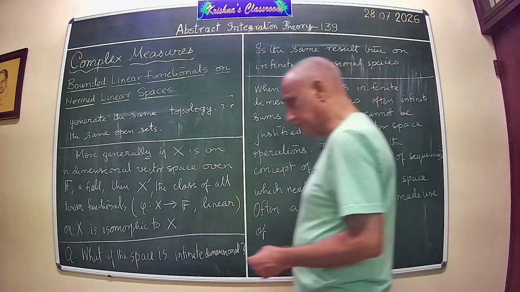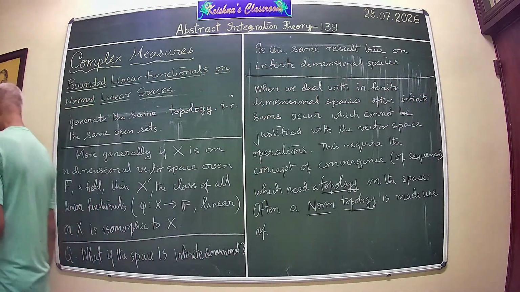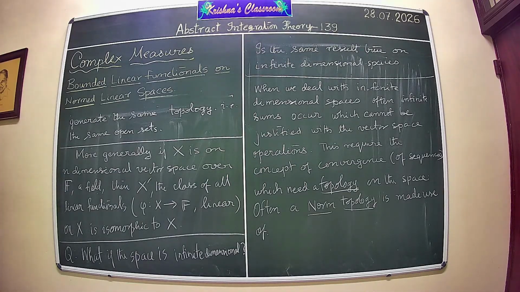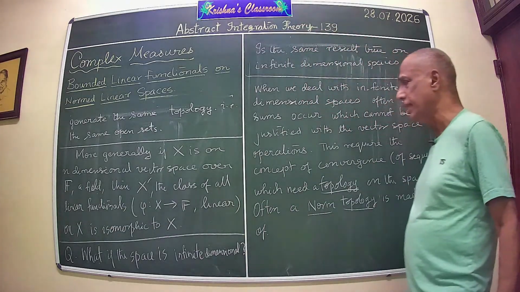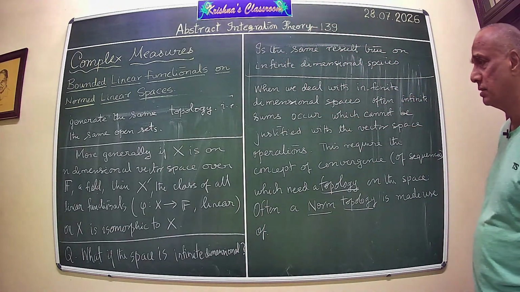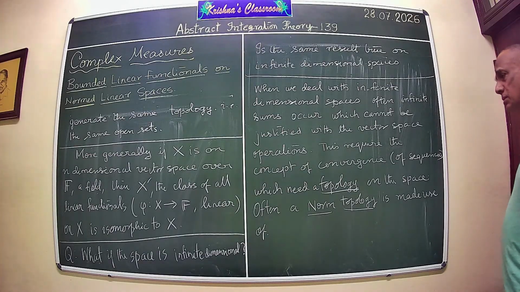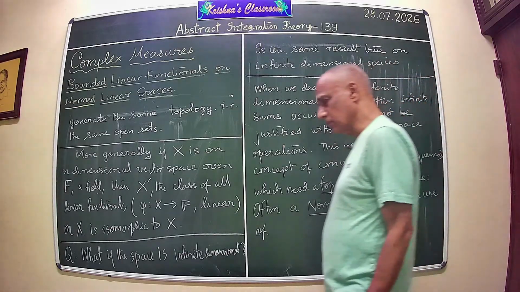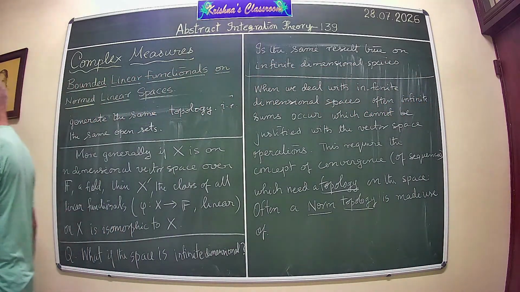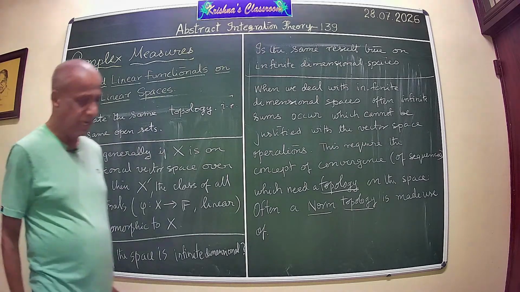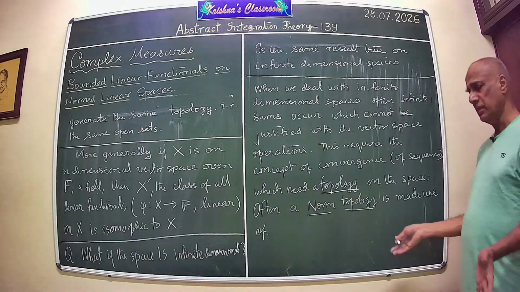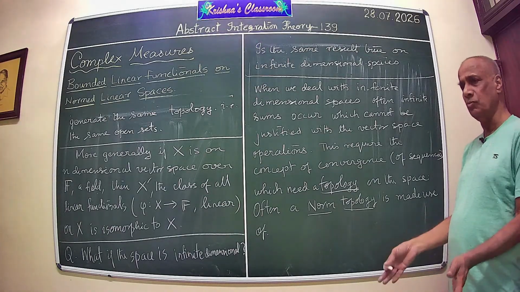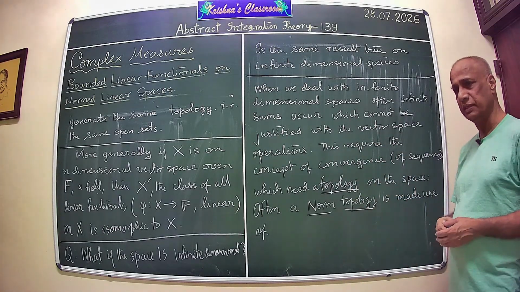We made a statement that in a finite dimensional space, irrespective of what topology you use, it is the same. Okay, right? You get the same topology. For Rn, you use the L1 topology or L2 topology or Lp topology for any value of p lying between 1 and infinity, they all create the same open sets in finite dimensional spaces.